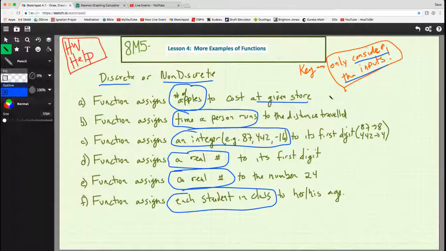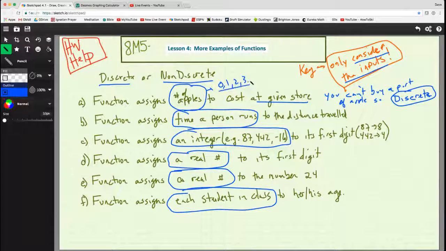Well, you can't buy half an apple. You can't buy a part of an apple. So this is discrete. Right? So on your inputs, you'll have like a 0, 1, 2, 3.